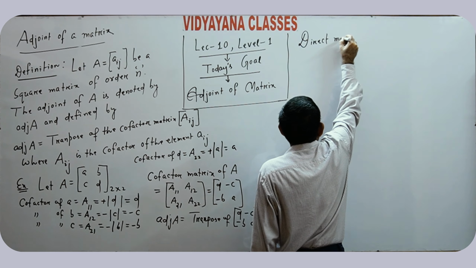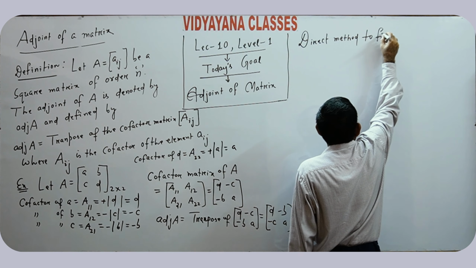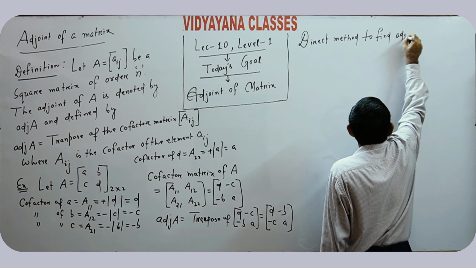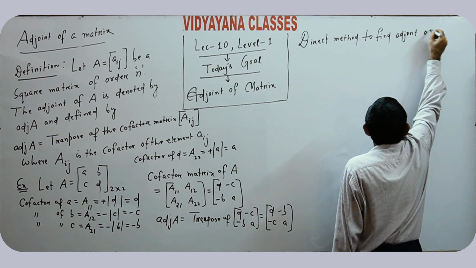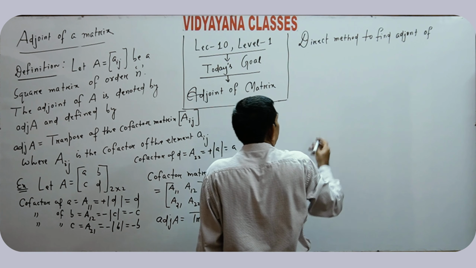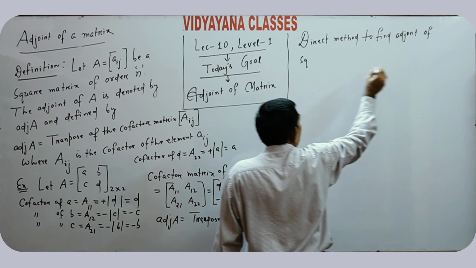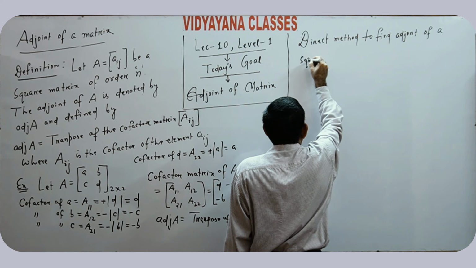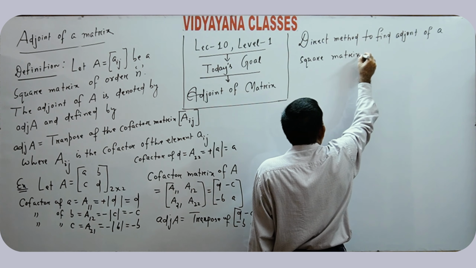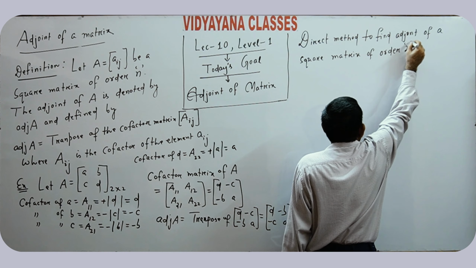Direct method to find adjoint of a square matrix of order 2.